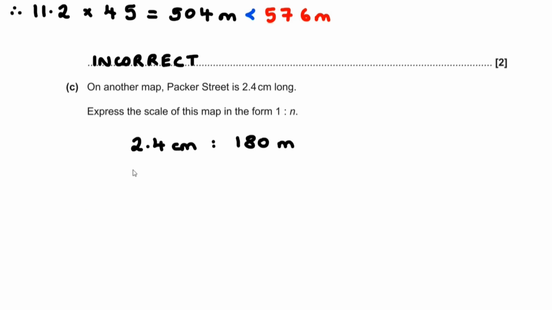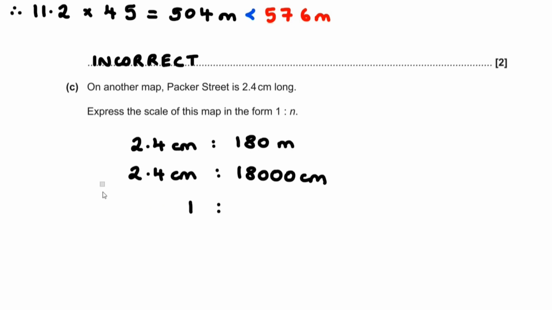Let's put everything into centimeters. So I've got 2.4 centimeters, and if I multiply 180 meters by 100 to convert it into centimeters, I end up with 18,000 centimeters. And we want to represent this in the form 1 to n.